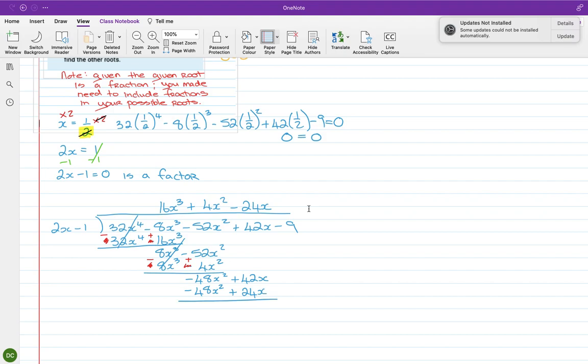This is a minus, so I make it a plus, and this is a plus, so I make it a minus. And then I cancel my 48s, and I get, what is that? Yeah. Sorry. So 18x for 42 minus 24. And then bring down my minus 9.